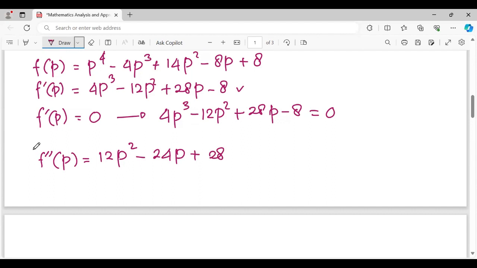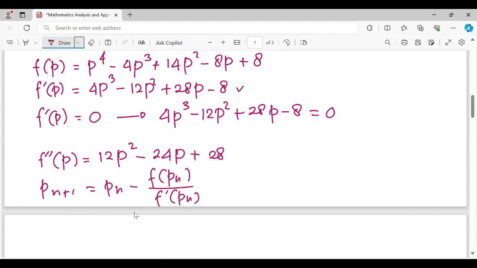Now, with the formula that p(n+1) equals p(n) minus f(p(n)) over f'(p(n)).